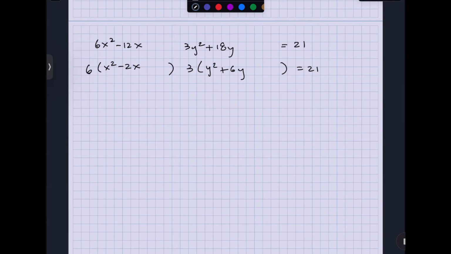Agreed? So then we have to find a new c. So the c is -2. So this is going to become -1 squared, which is equal to 1. So we add 1 here, but we're adding 6 on this side.